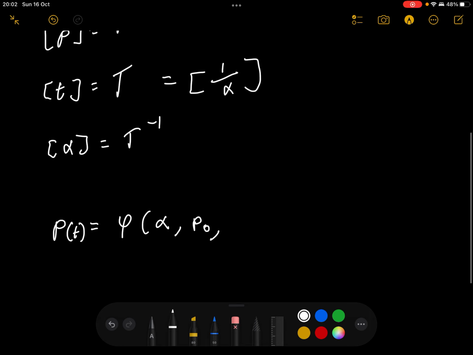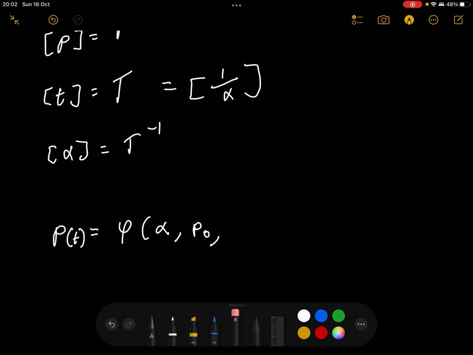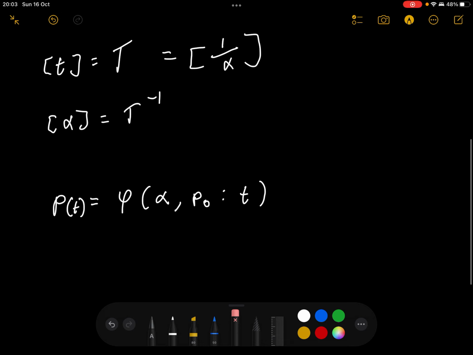It could also depend, in fact it probably will also depend on the time, and it depends on nothing else. So it depends on the rate, the growth constant, initial population, and time. I'll put a little colon in front of time because usually this is the only value that we're looking at actually change.